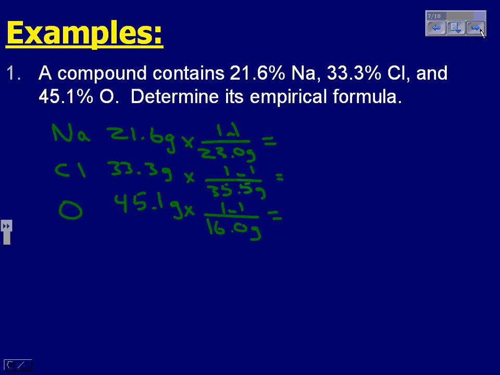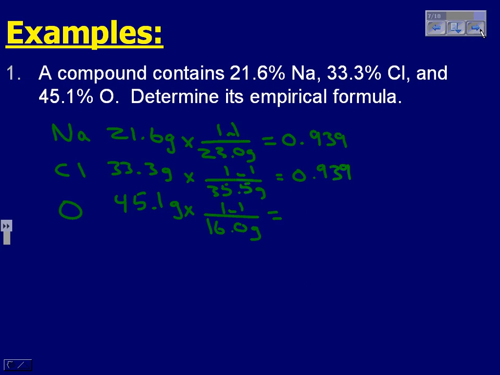21.6 divided by 23 equals, and I get 0.939 moles of that. I'm not putting the unit moles because I want to just leave the number there so that we can have a look. Let's keep going with the calculation. 33.3 divided by 35.5 equals, and that's 0.939 moles as well.